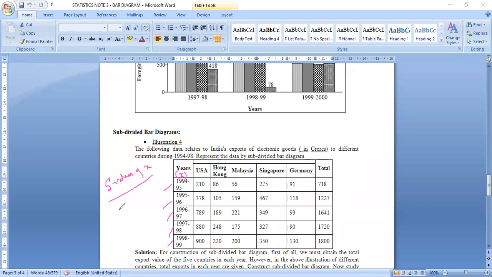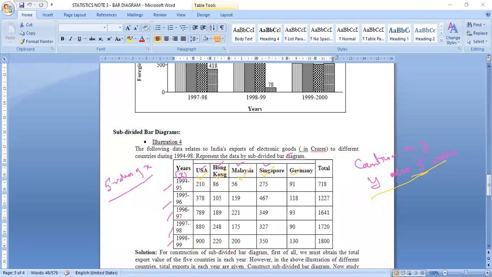And they are the countries, so you can say countries as y. Countries has 1, 2, 3, 4, 5, y has also 5 values. USA is the value of y, Hong Kong is the value of y, Malaysia is the value of y, Singapore and Germany.